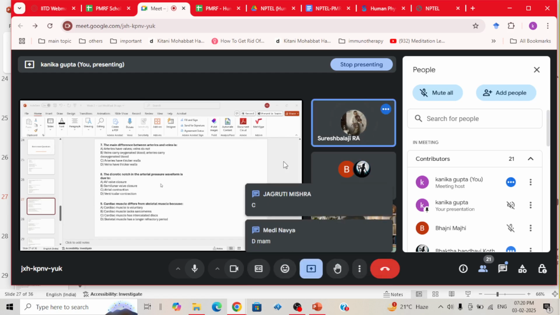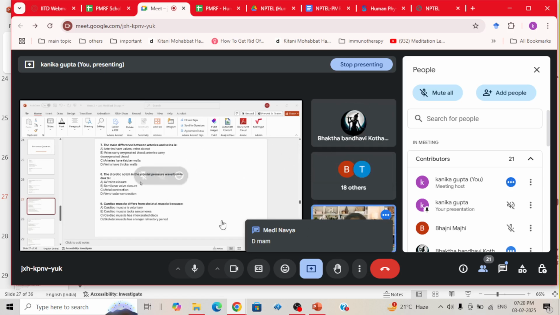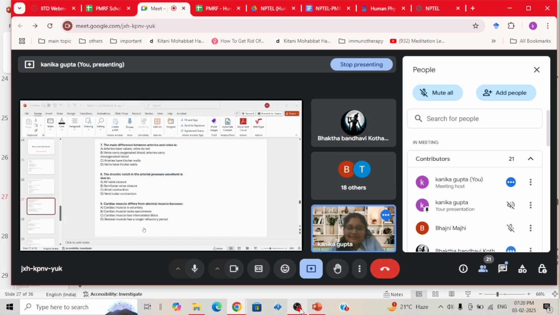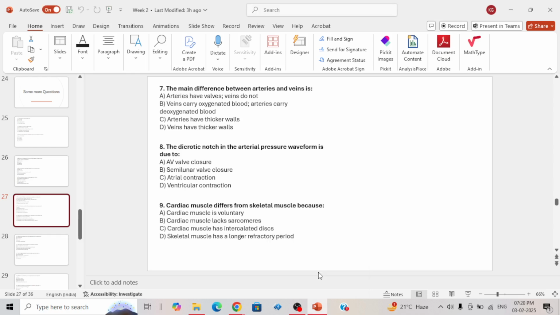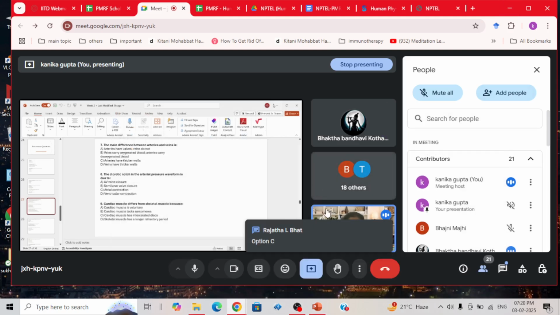Write it in the chat box, please. Everyone, what is the answer? I hope सबने लिख दिया होगा. So the answer is option C.